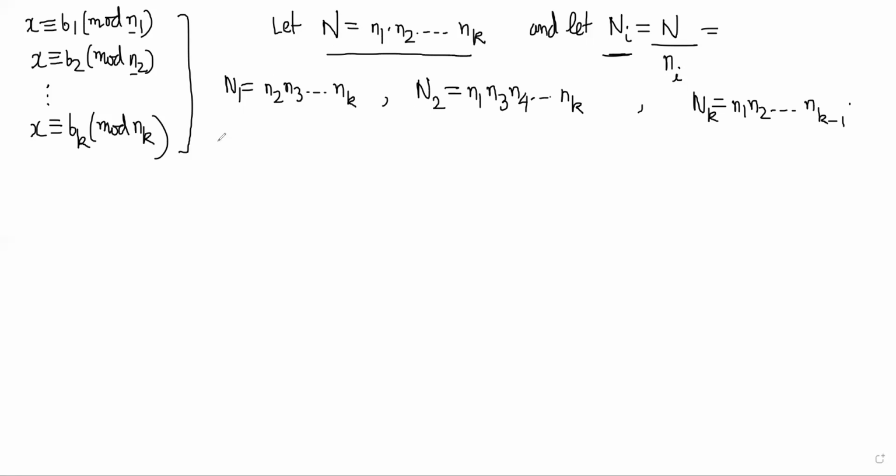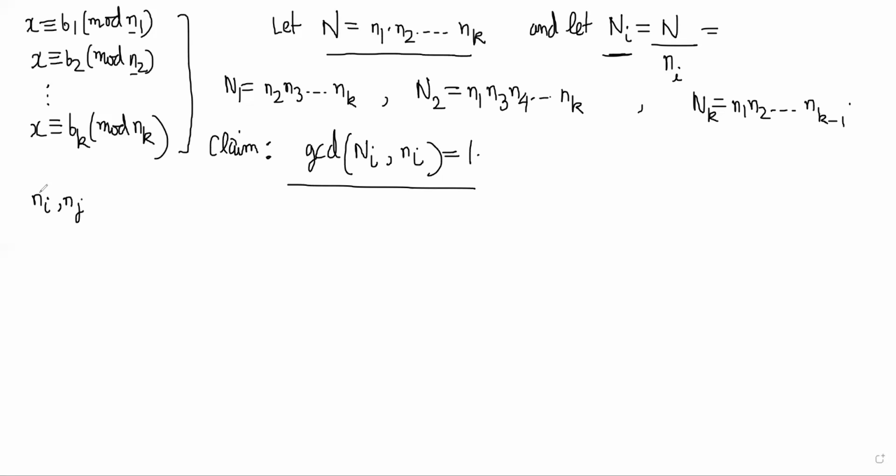Now, the first step is this claim that you can show that GCD of capital Ni with small ni is equal to 1. Can you think about this? Because for each j that is not i, GCD of small ni and small nj was 1.